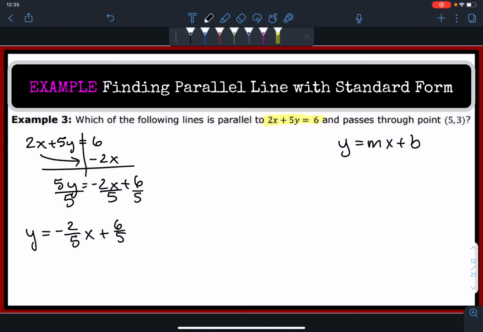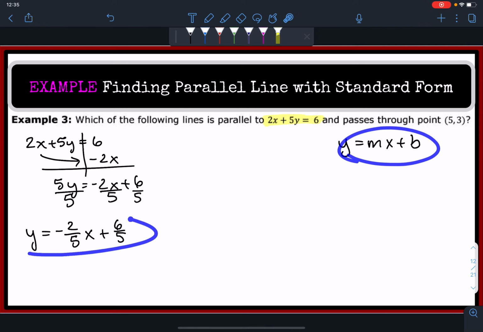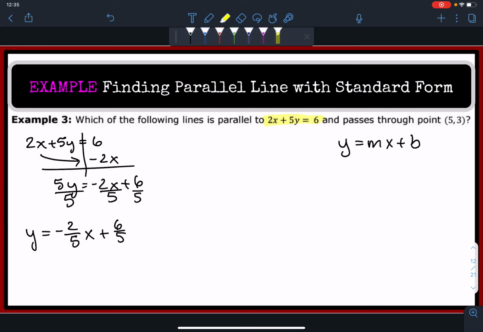And since this new equation needs to be parallel to this equation there, and the slope of this line is equal to negative 2 over 5, then the slope of this new line over here is also going to be negative 2 over 5. So that's the number I'm going to plug in for the letter m.